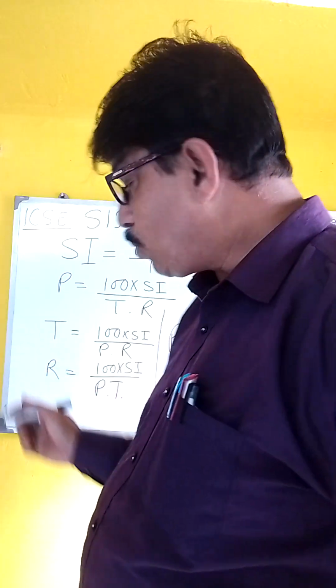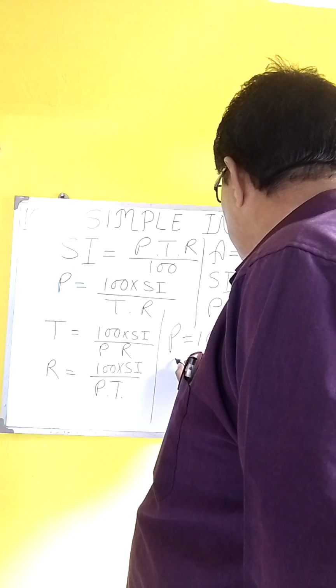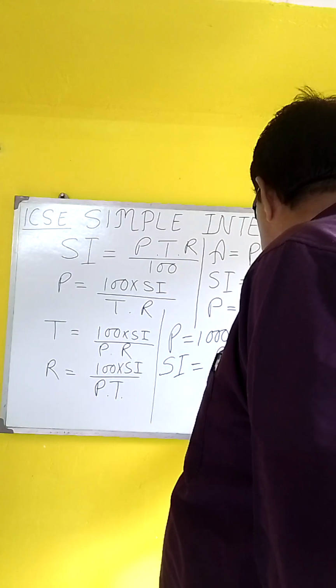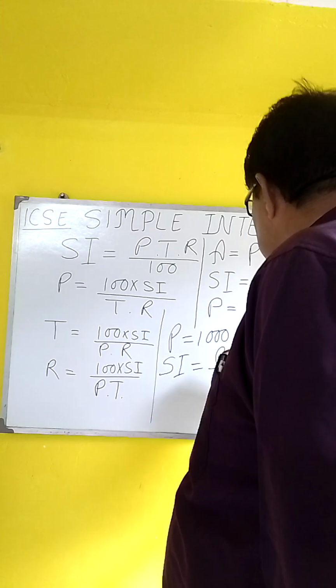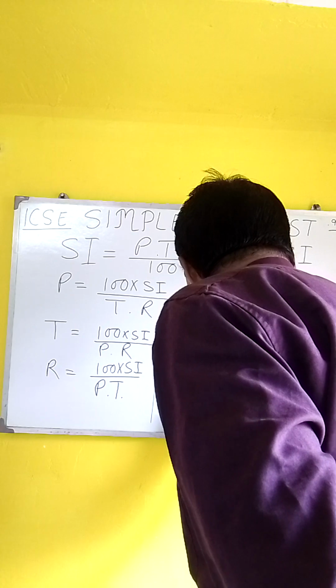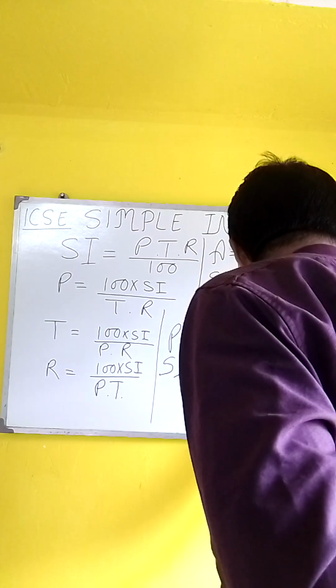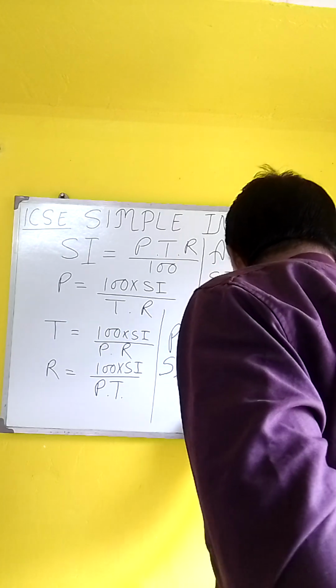But now we are trying to calculate this simple interest. SI, simple interest, is equal to P into T into R by 100. In this case, the principal is 1000, time is 3 years and rate of interest is 10% per annum.